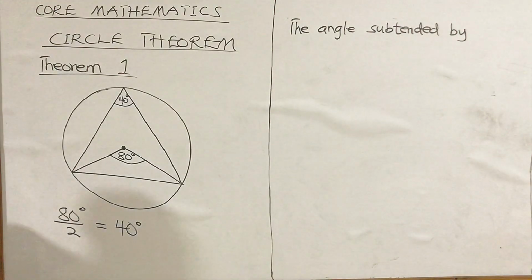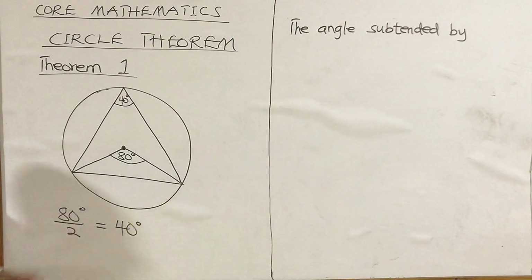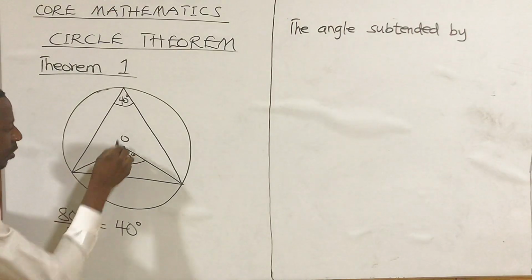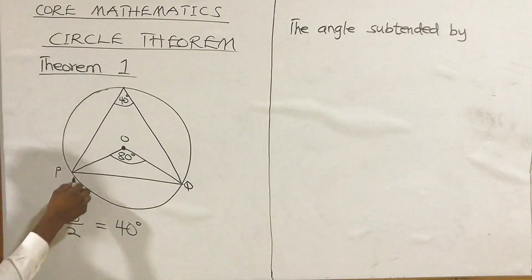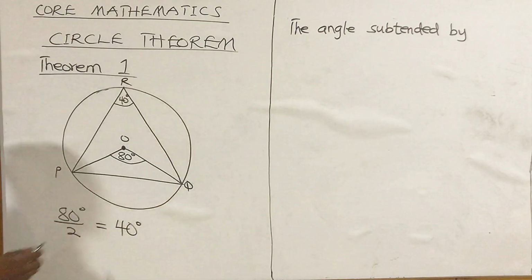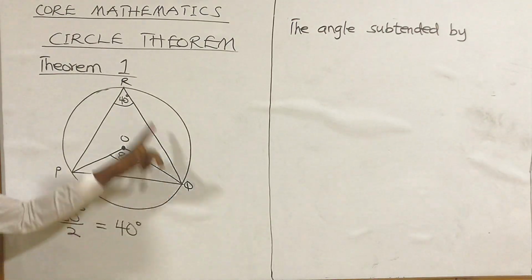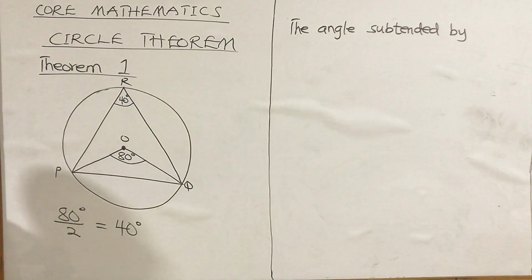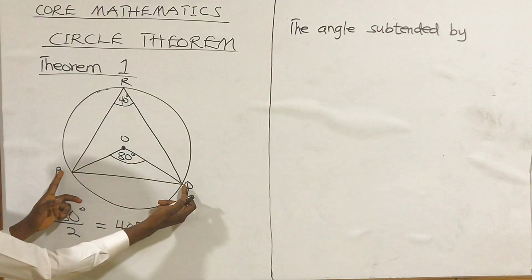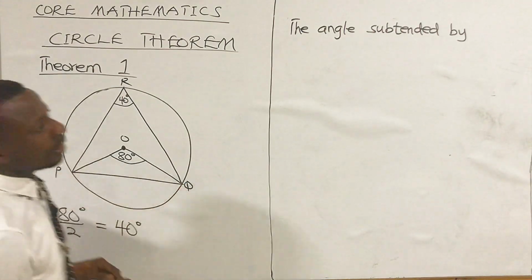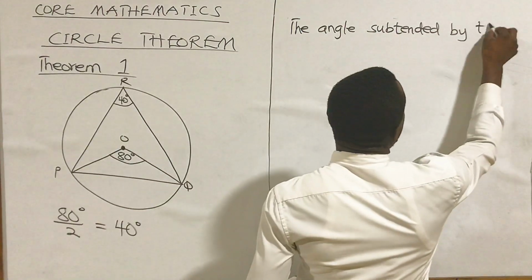And before I move on, let me label the parts of the circle. So we have center O, we have chord PQ, and then we have here to be R. So we have PQR, then we have center O. So the angle subtended by this chord, because this angle has been subtended by the chord here.